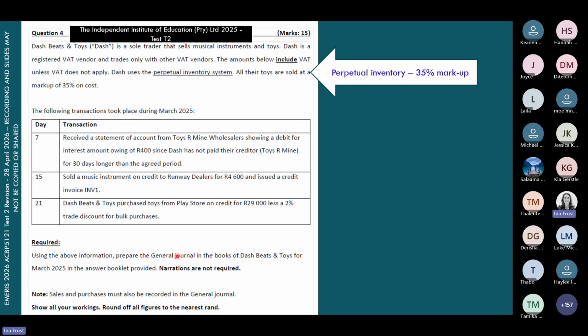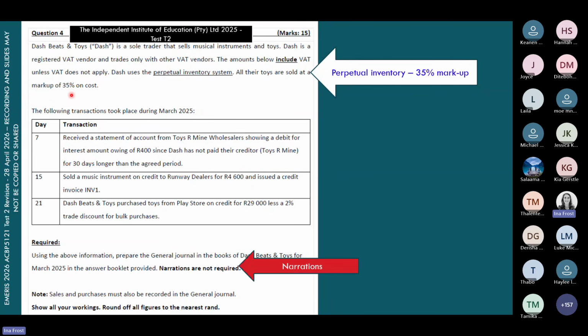So the first thing you do when you start reading through the information in your question is to make sure you've seen which inventory system is being used, and going hand in hand with the inventory system is, are they using a markup or are they using a gross margin? Because that will, of course, impact your calculations.